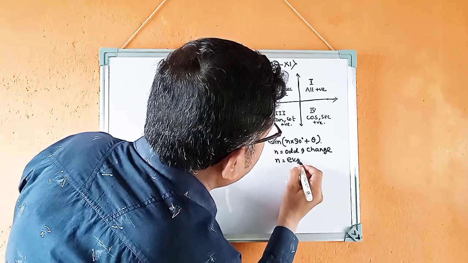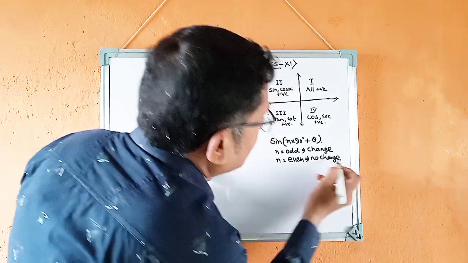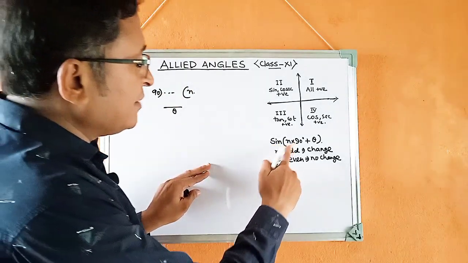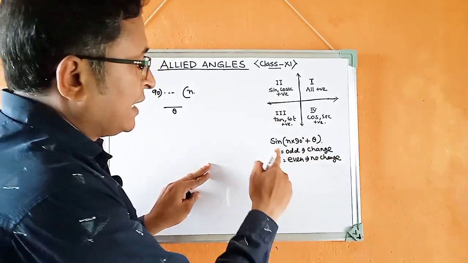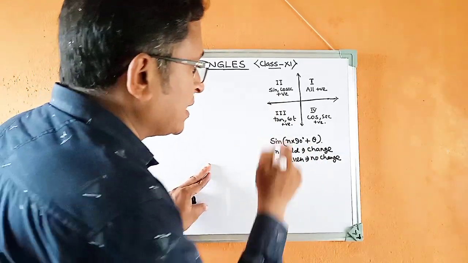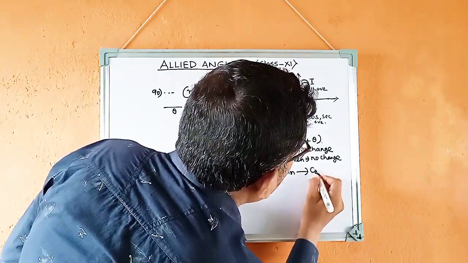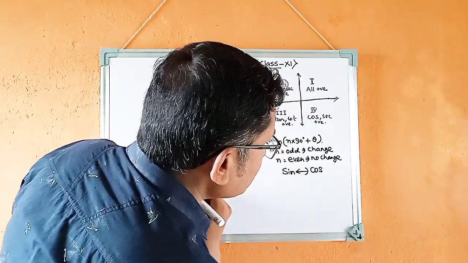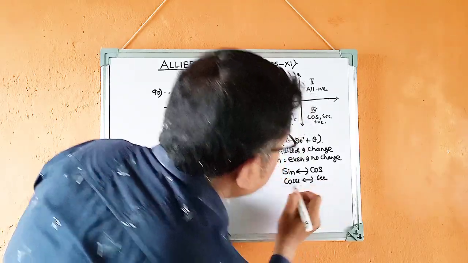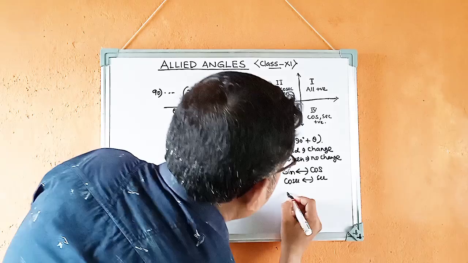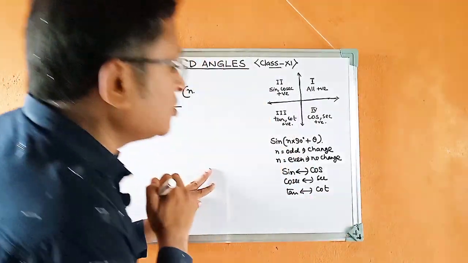If n is even, then there is no change. I repeat, if n is odd, sine changes to cos and cos to sine, cosec changes to sec and sec to cosec, and tan changes to cot and cot to tan. If n is even, no change.